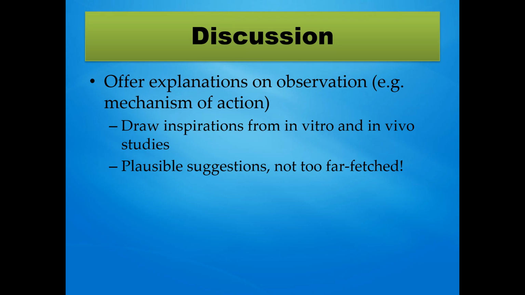Although the authors did not investigate the mechanism of actions of vitamin D on bone, they may draw inspiration from previous in vivo studies to explain why vitamin D deficiency affects bone health adversely. All the explanations given should be plausible, not too far-fetched.